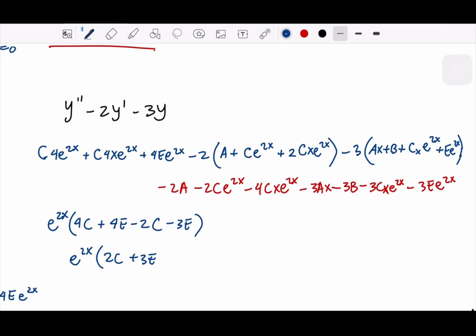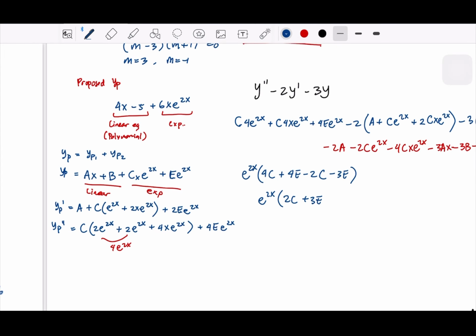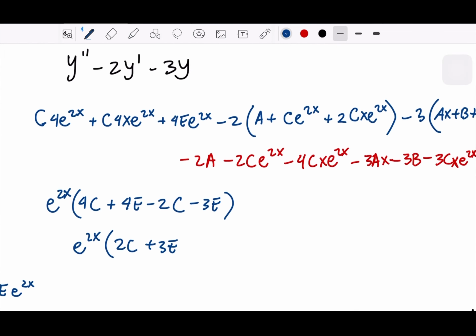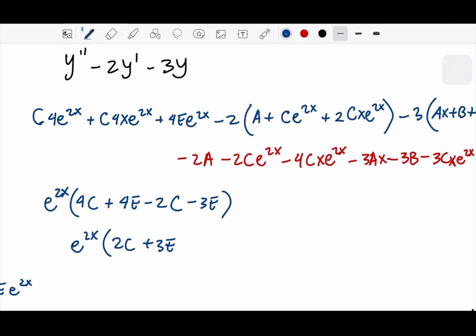Oh, plus, is that plus? 2c plus 3e. Let me check for e. Okay, let me just write this.